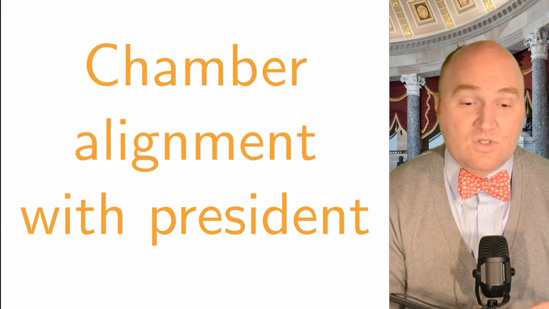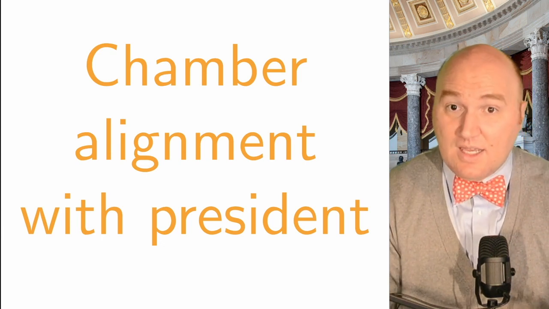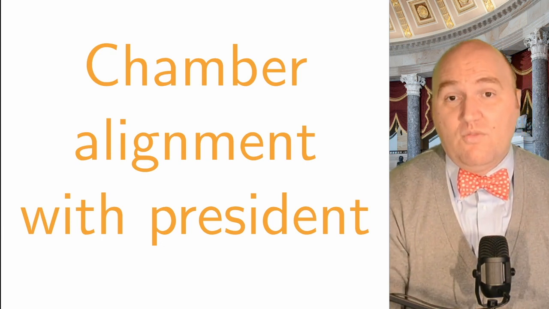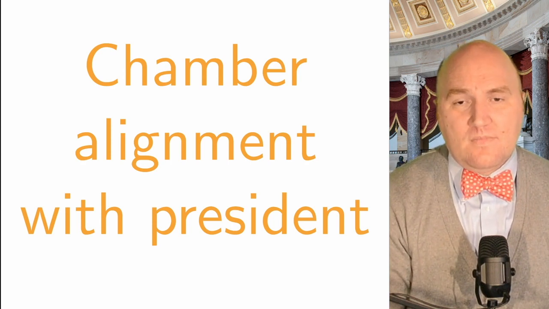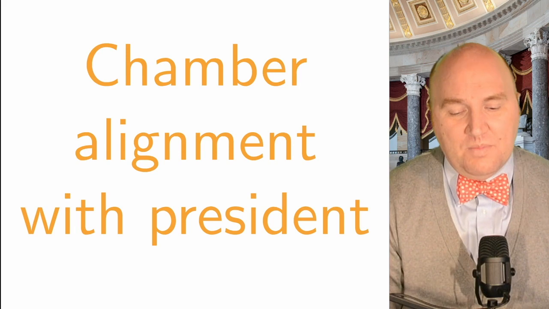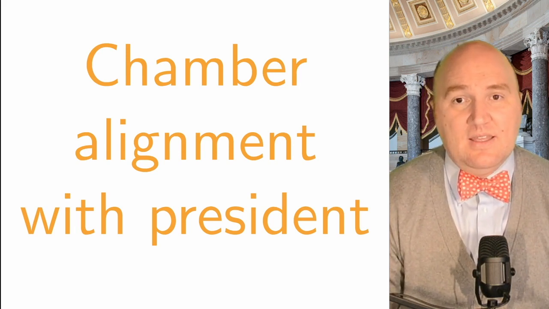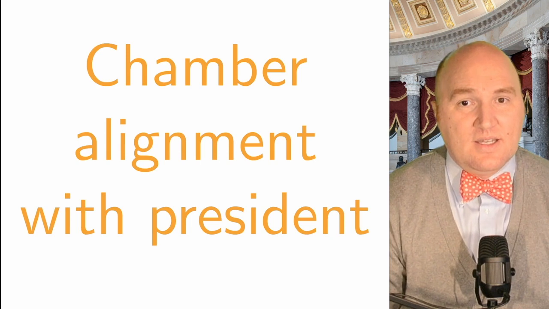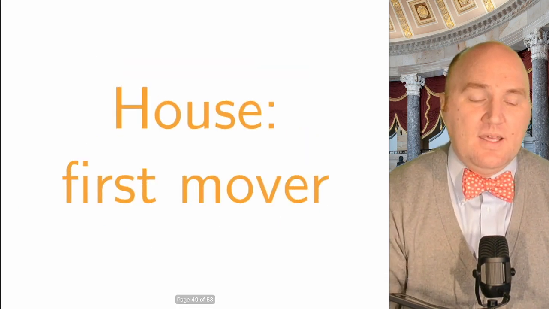If the reverse is true, that the House is aligned with the president and the Senate is not, then the House gets more of what it wants in the final version of the bill. So being aligned with the president gives you an outsized amount of influence in the legislative process. That tells us something about executive influence in the legislative process.